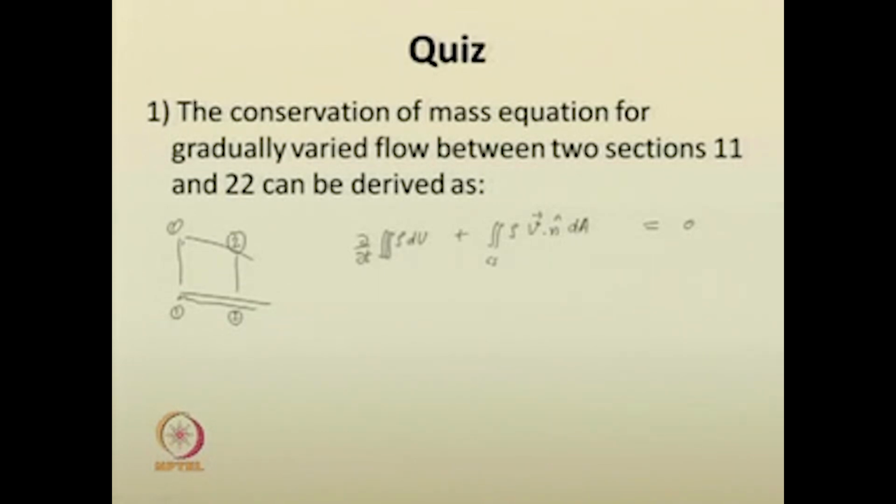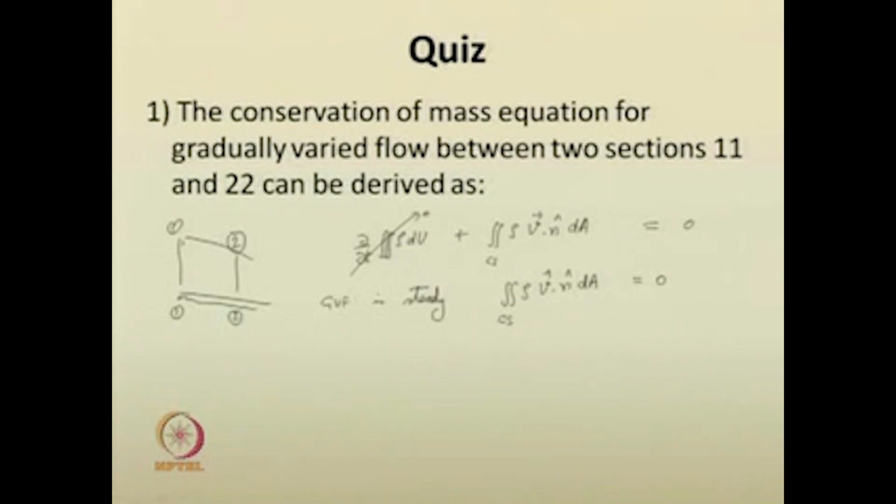It has already been told to you. As gradually varied flow is steady, this component vanishes. So, you can now suggest that the equation remains as rho v dot n dA is equal to 0.